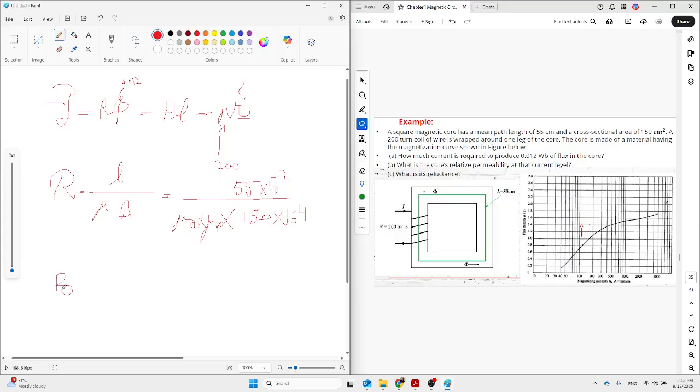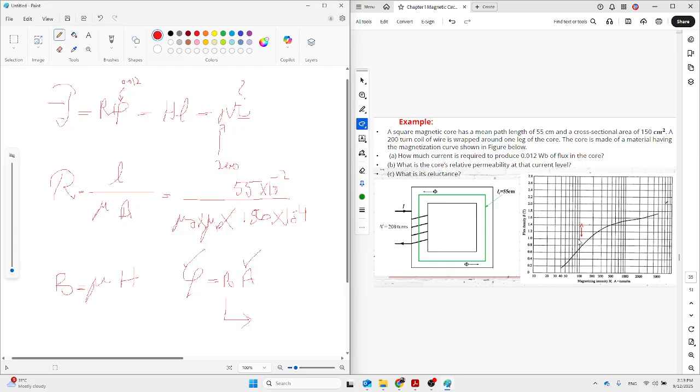We should return to B equals mu H, and phi is B times A, correct? So we know phi, we know A. We can calculate B from here.